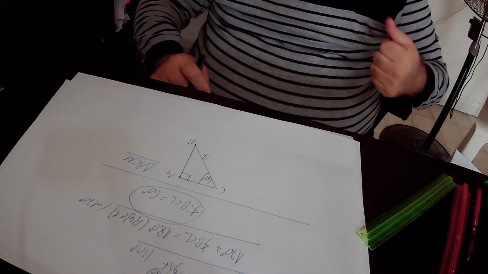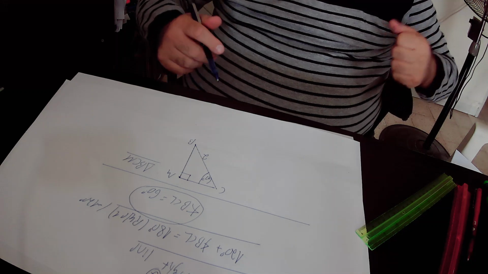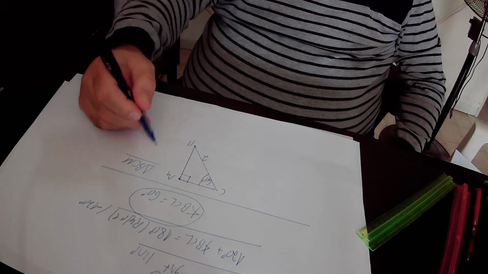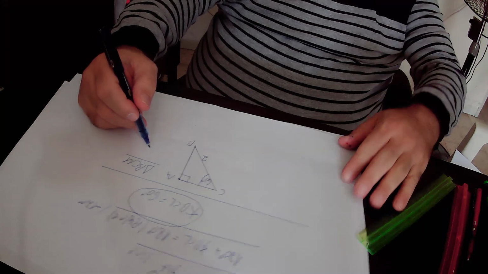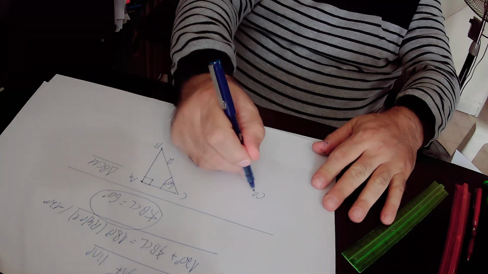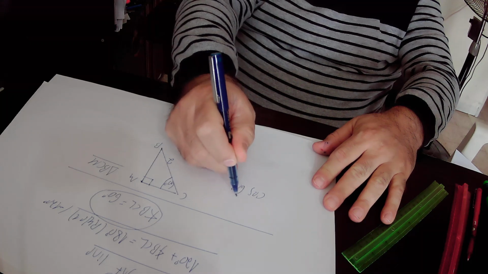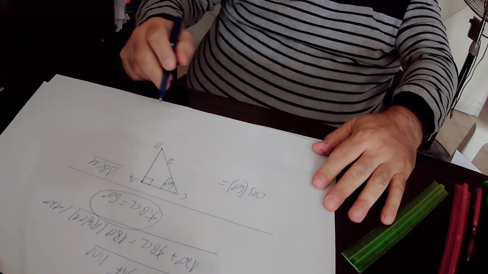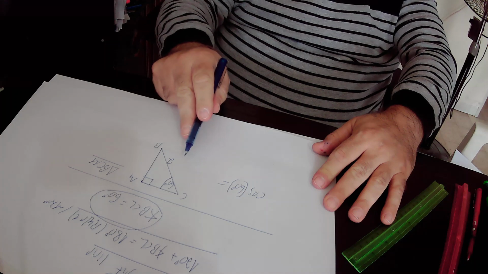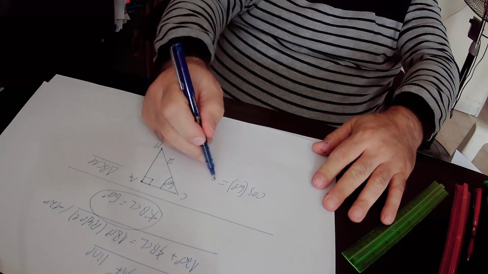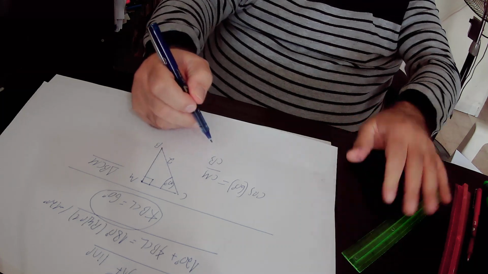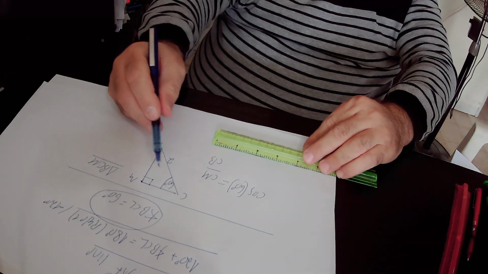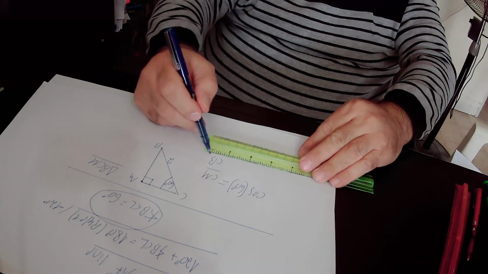In the right triangle BCM, cosine 60 degrees equals CM over CB.